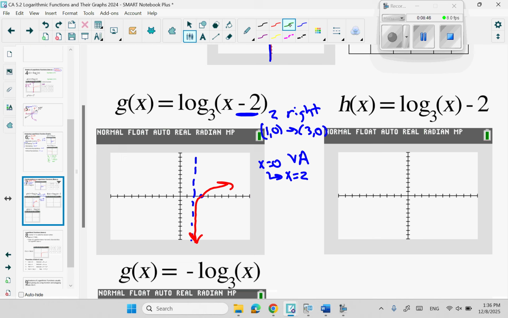Okay. Next one, we have minus 2 on the outside, so that's going to shift everything down 2. So instead of having the coordinate 1, 0, we are now going to have the coordinate 1, negative 2. But my asymptote stays the same, and my overall structure stays the same.